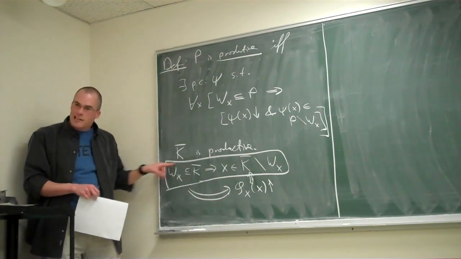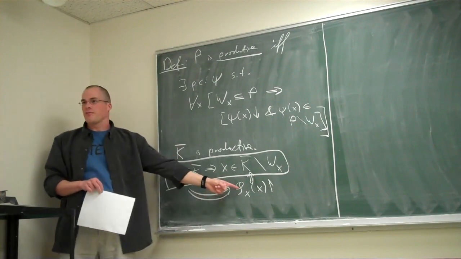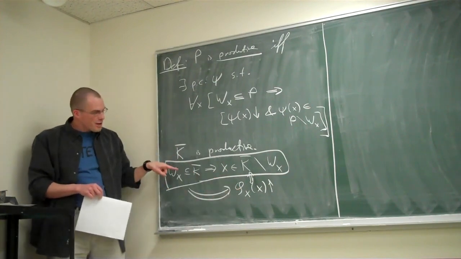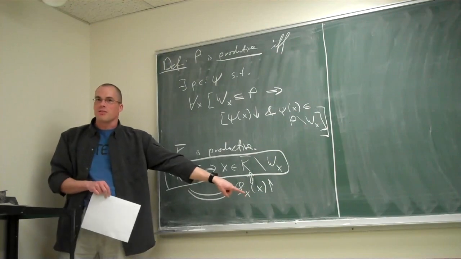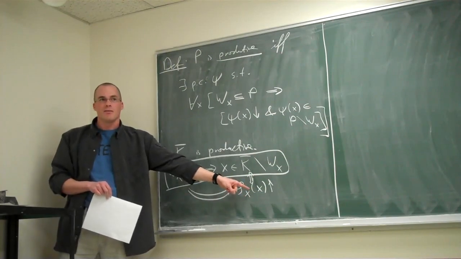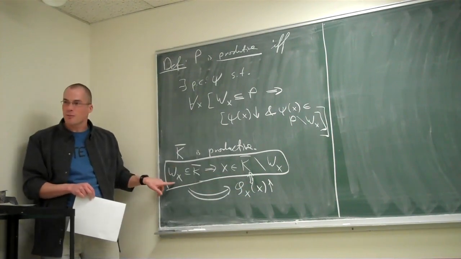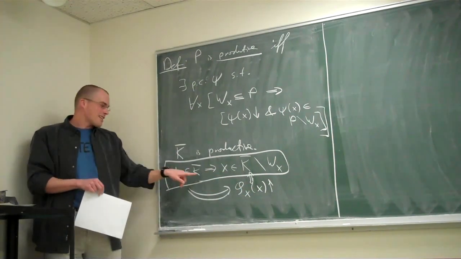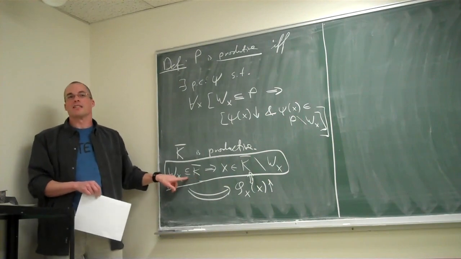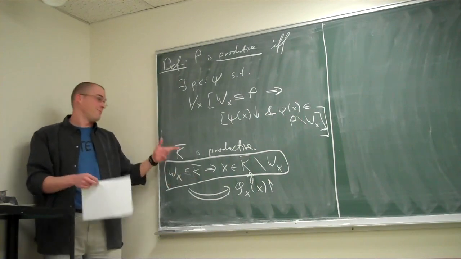So we need to see that this inclusion implies that it diverges. So suppose you have this inclusion and it converges. Now we need a contradiction. But we have a contradiction because if this converges, then x is in Wx, but x is also in K, so x is a counterexample to this inclusion.